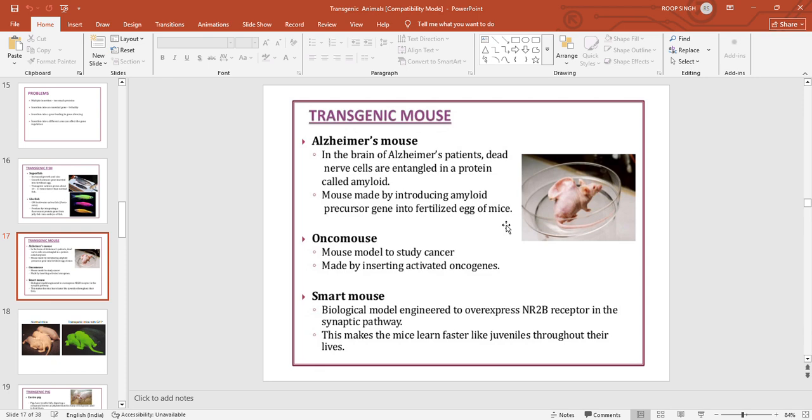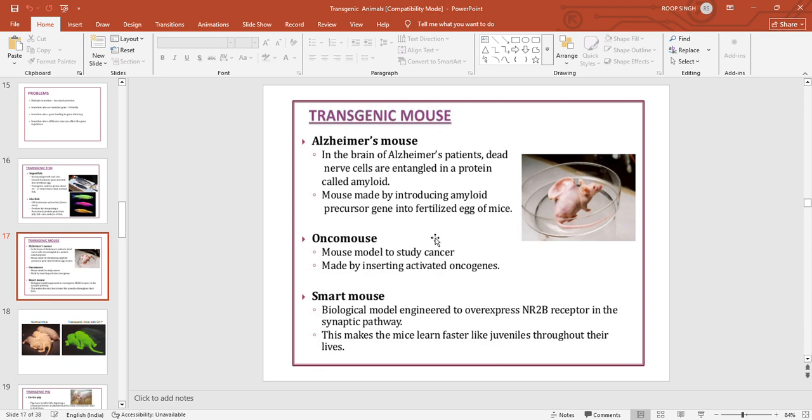One can test various drugs for the treatment of Alzheimer disease on this Alzheimer mouse, because they are making the same protein. So these are very excellent models for testing Alzheimer drugs.